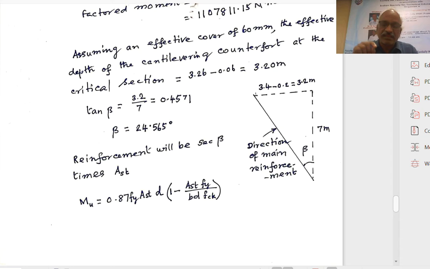Therefore, with this secant beta, we have to find out the inclination of the counterfort with respect to the vertical, that is beta. Beta is equal to 3.2 by 7, because out of 3.4, 0.3 is the top width of the counterfort, so 3.2. 3.2 by 7 is tan beta. So beta will be used in the AST calculation.